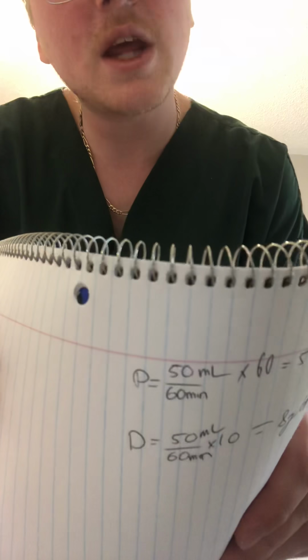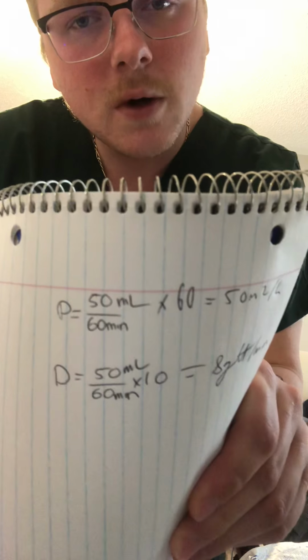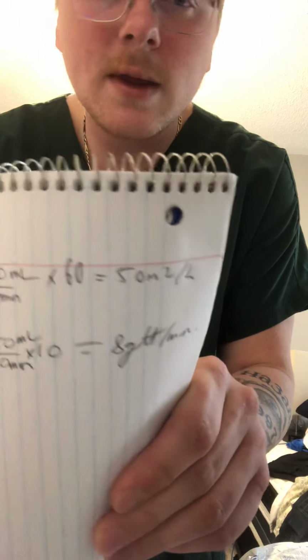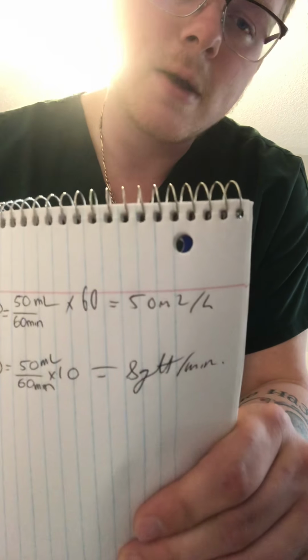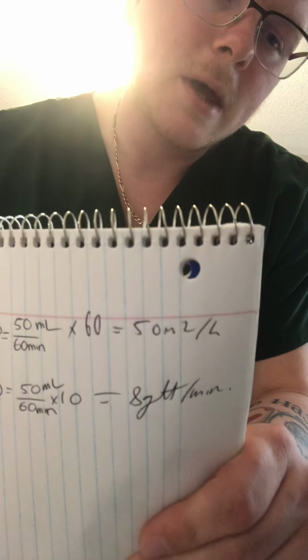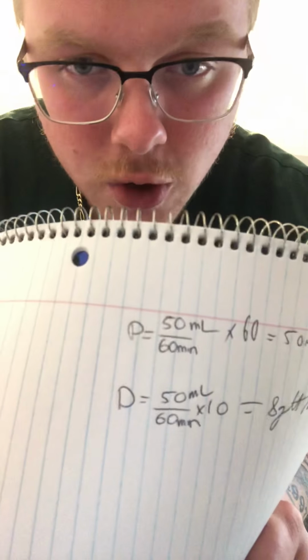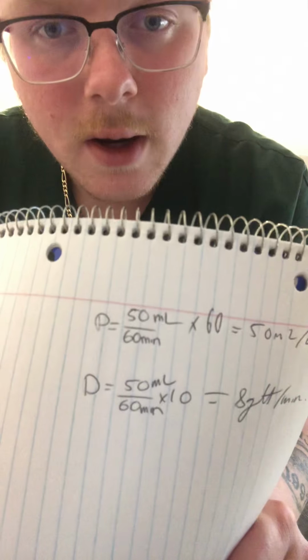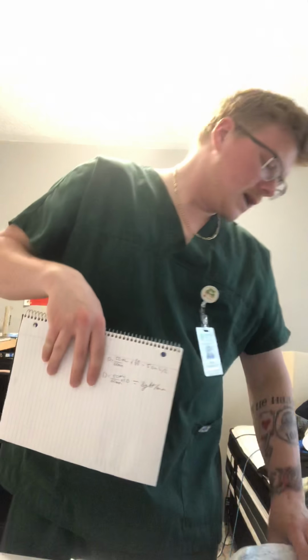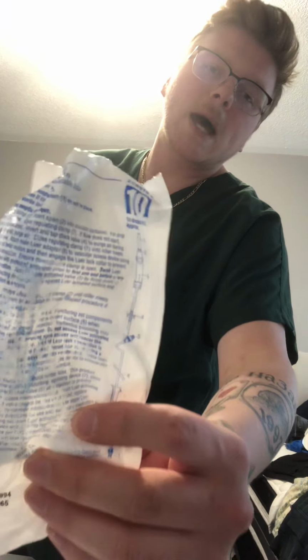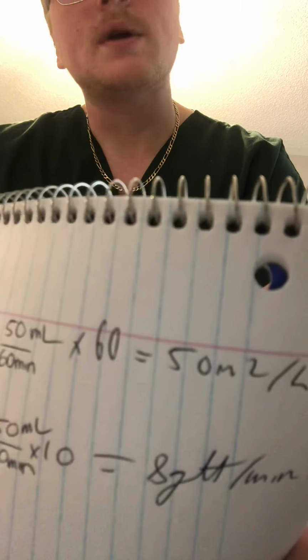Here is P for pump: 50 milliliters over 60 minutes times 60. That's going to give us a calculation of 50 milliliters in an hour. Our droplet is 50 milliliters over 60 minutes, multiplied by a drop factor of 10, which I found on the top of the bag. That gives us an answer of 8 droplets a minute.